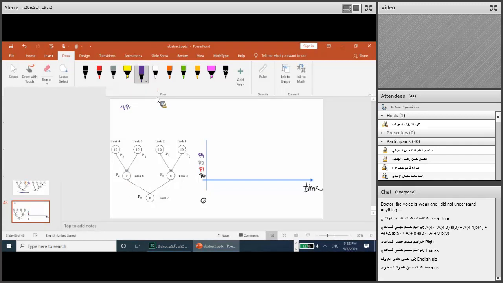We have 4 processes and 7 tasks. If we change this mapping to this one, we try to execute task 2 with P0 as well.